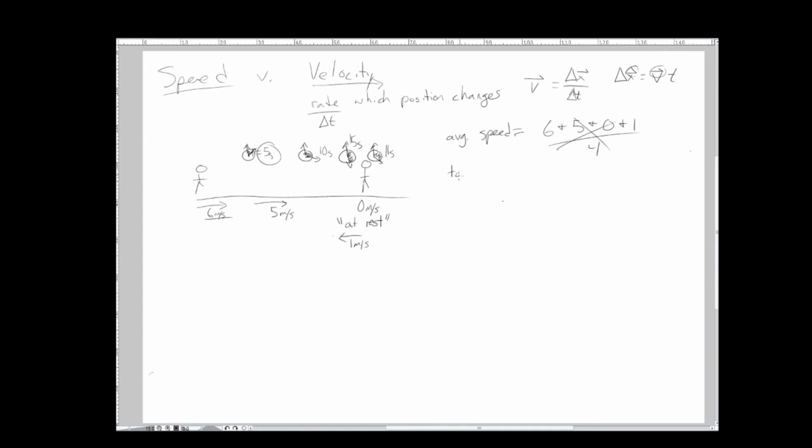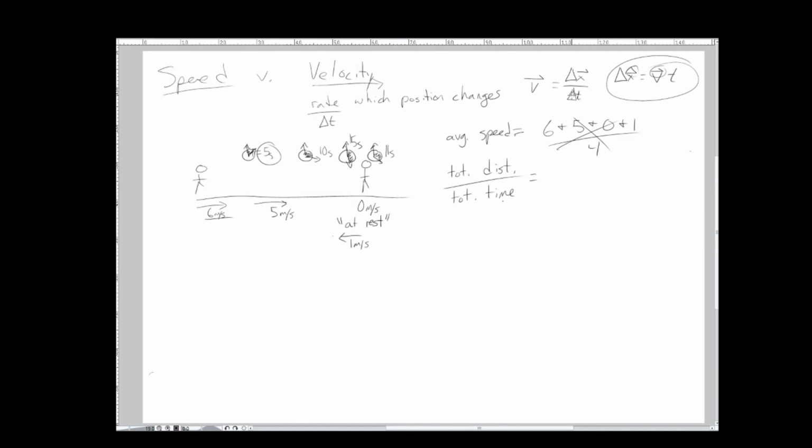What we need to do is take the total distance and divide by the total time. And if you notice here, I've rearranged the velocity equation to give us displacement, and this is going to be the same relationship for speed.